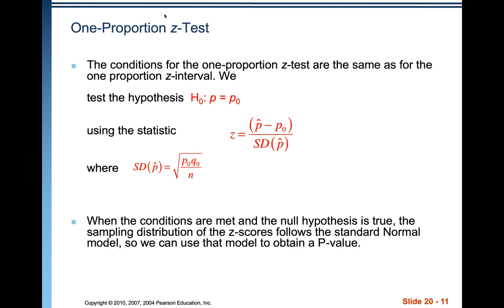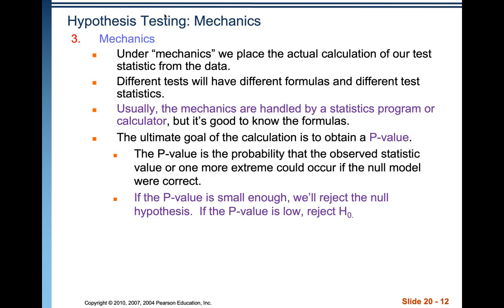Our standard deviation here is the square root of p naught times q naught over n. When the conditions are met and the null hypothesis is true, the sampling distribution of the z-scores follows the standard normal model. So we can use that model to obtain a p-value.